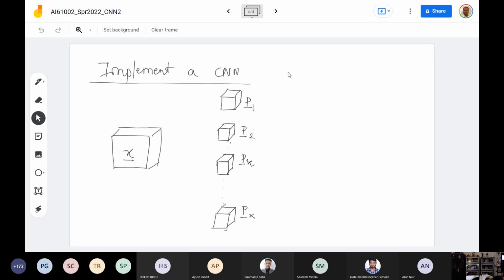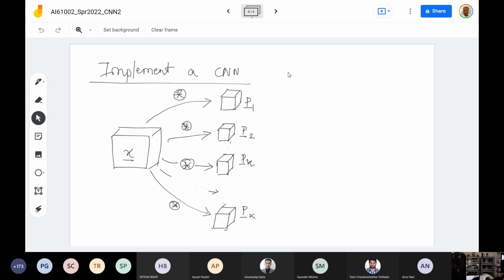Now what I do is that I run this convolution operator over that.